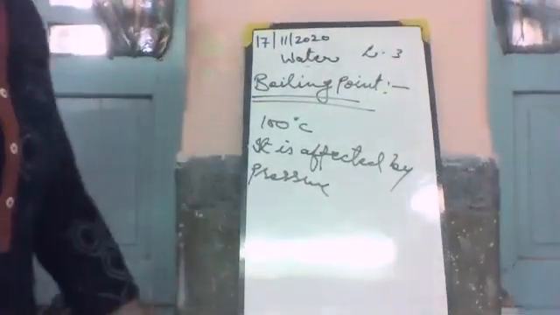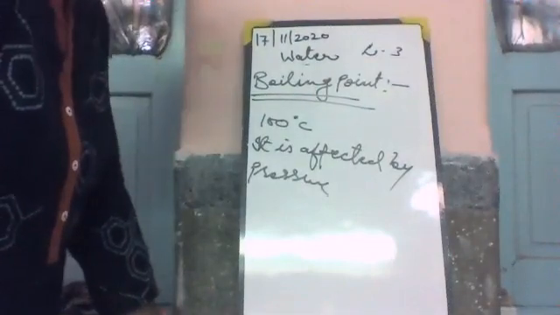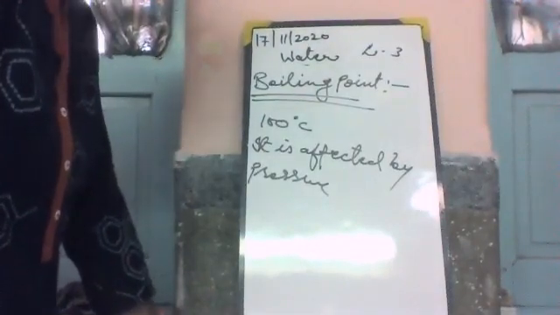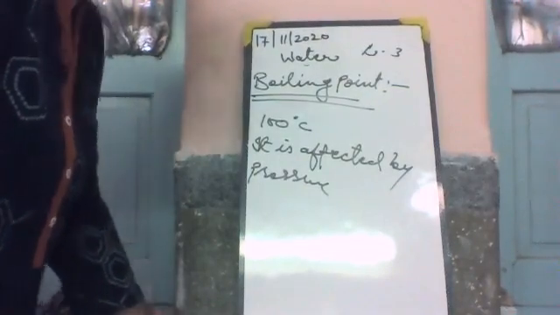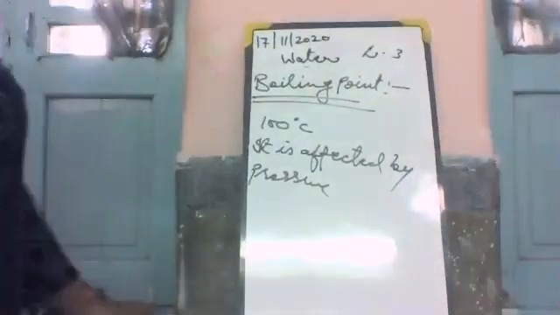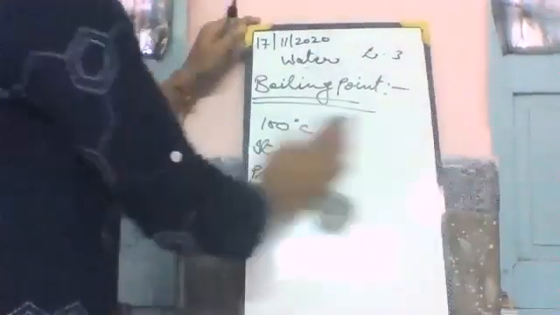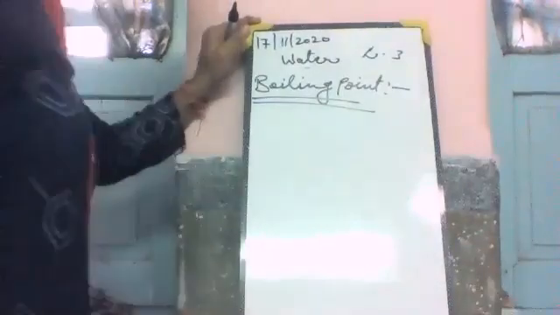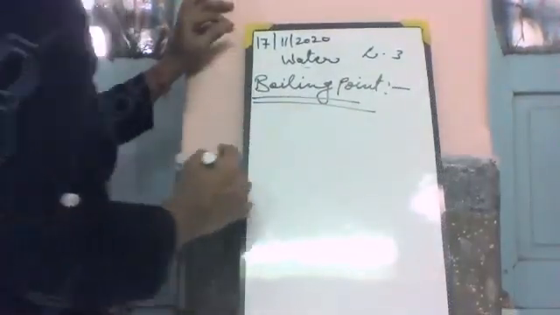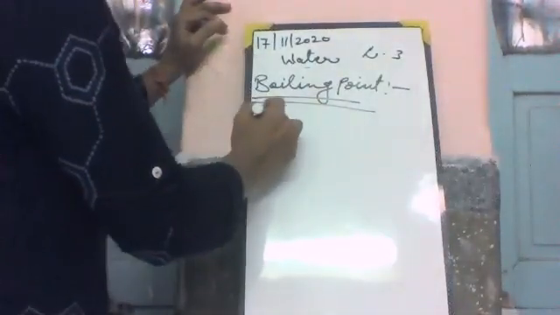There is a problem in hilly areas, because water boils at a temperature lower than 100 degrees centigrade there, because atmospheric pressure is less in hilly areas.